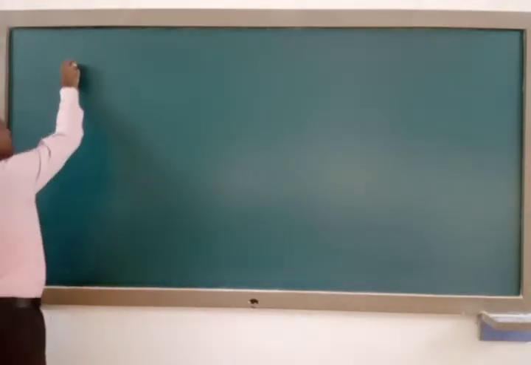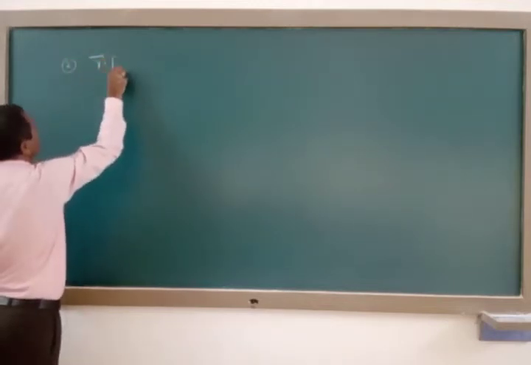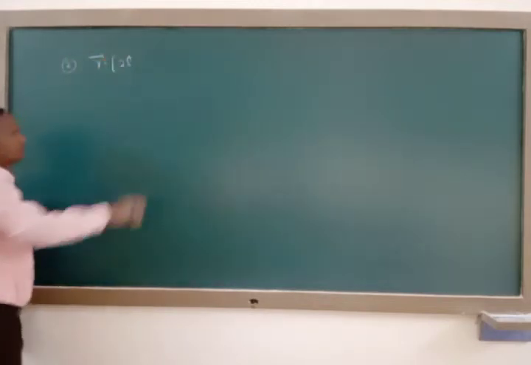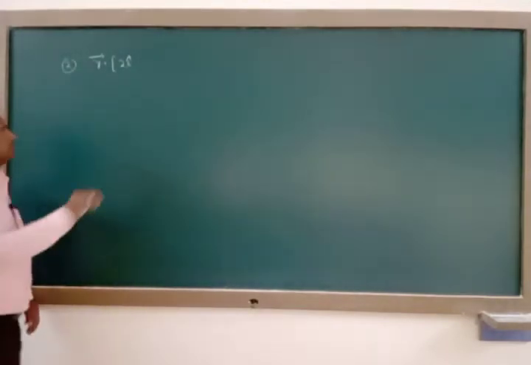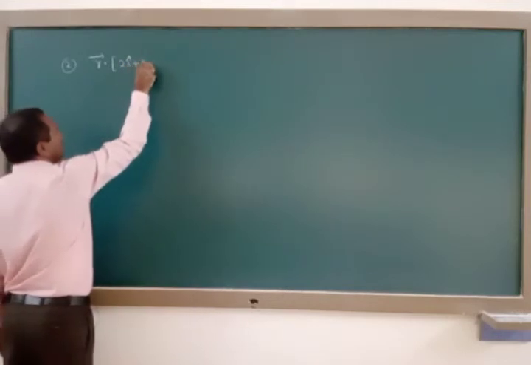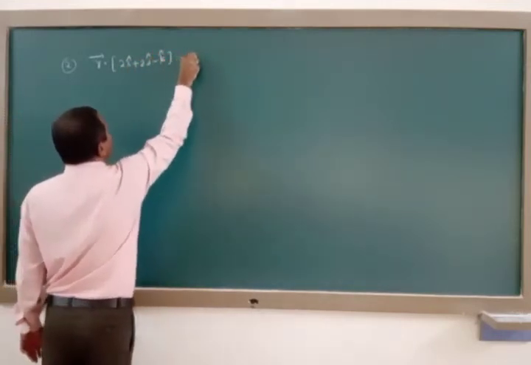Next question: find the equation of the plane which is passing through the point of intersection of two planes. The first plane is r vector dot of 2i cap plus 2j cap minus 3k cap is equal to 7.